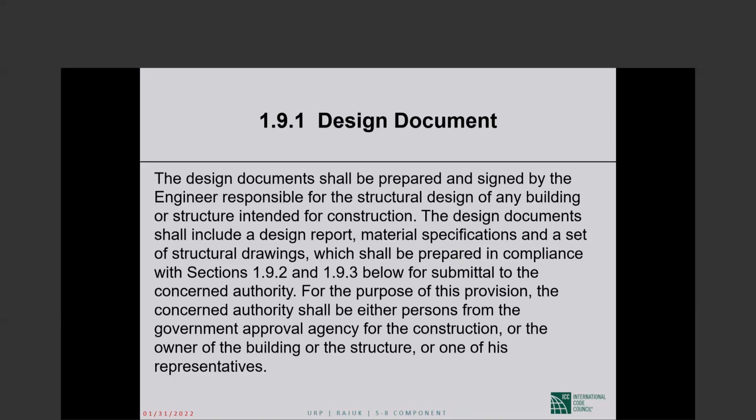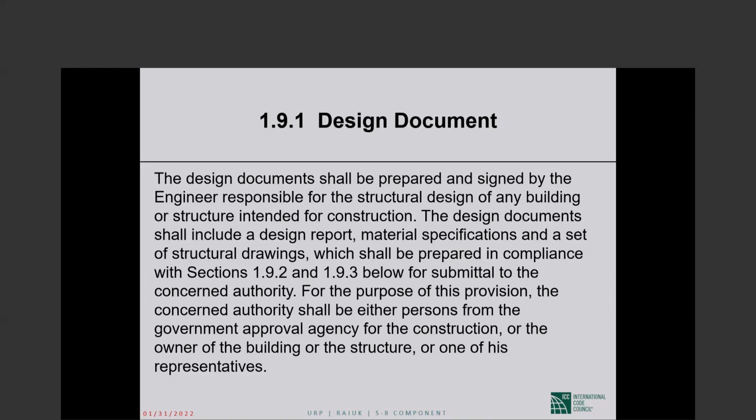For the purpose of this provision, 191, design documents, the concerned authority shall be either persons from the government approval agency for the construction, this is what I was talking about, or the owner of the building or the structure, or one of his representatives. This last part I find to be kind of surprising. Submission to the owner of the building.